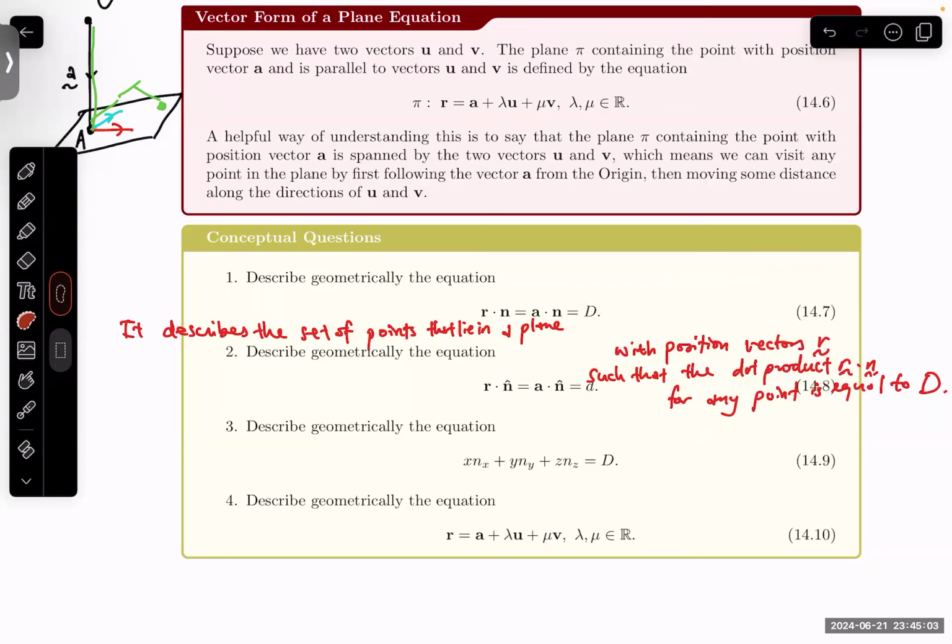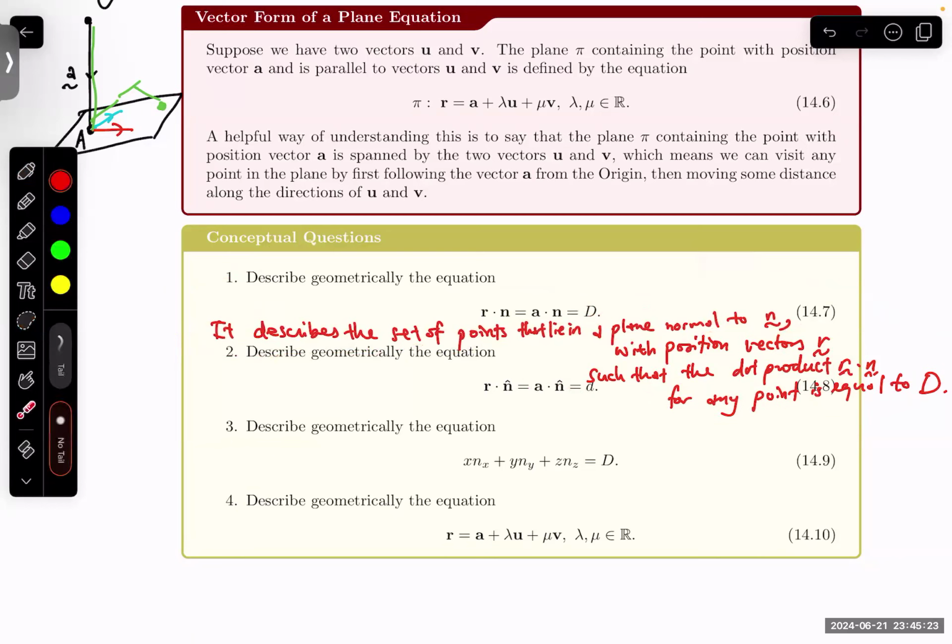That lie in a plane normal to vector n, with position vectors, whatever. You just want to mention that a plane has this normal vector.